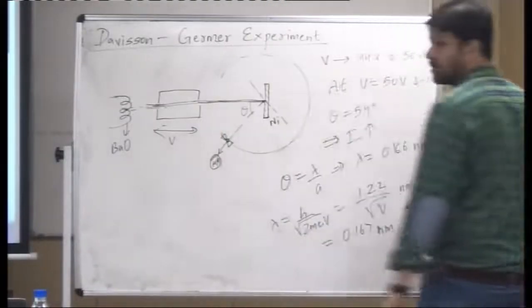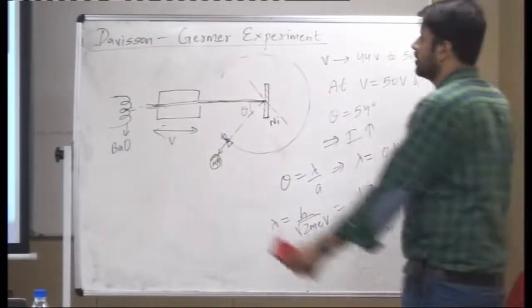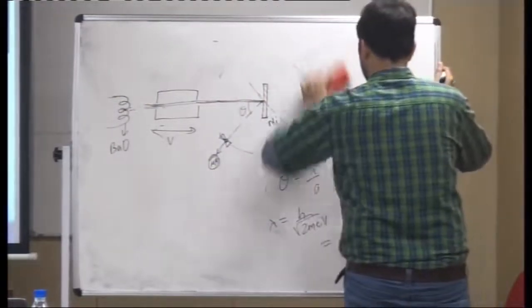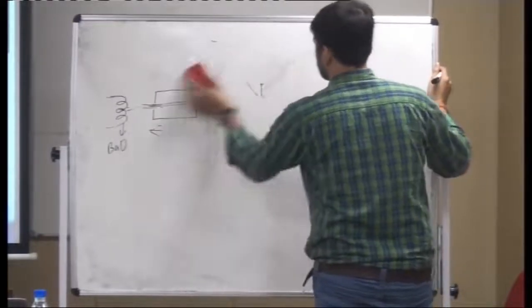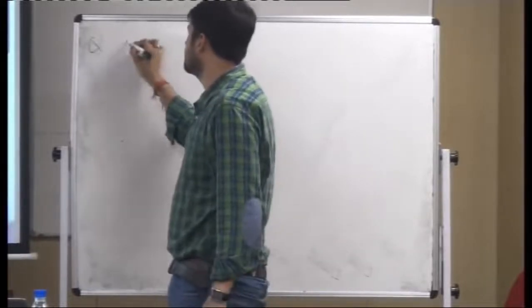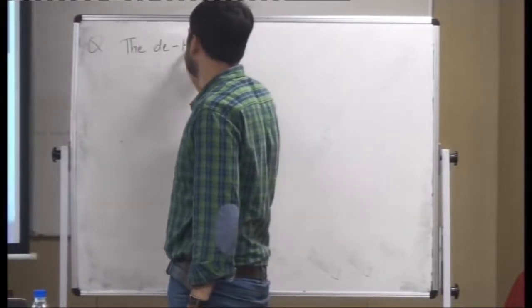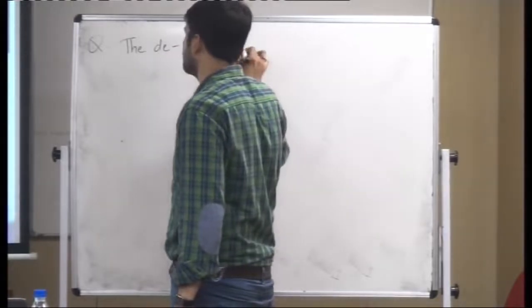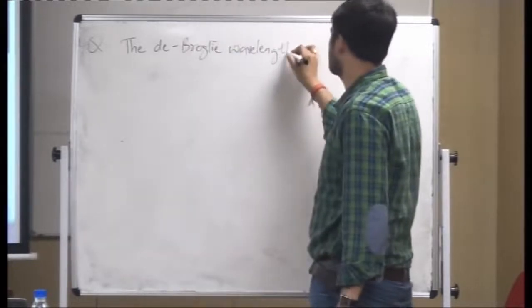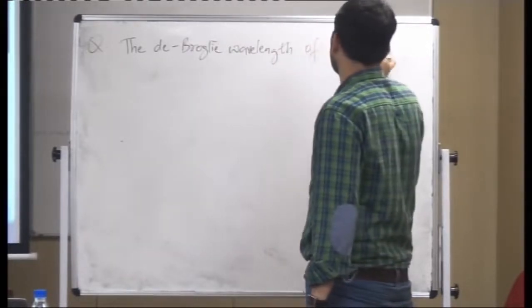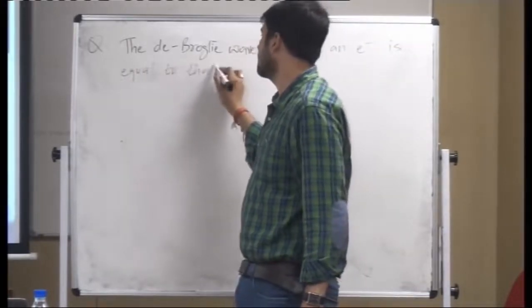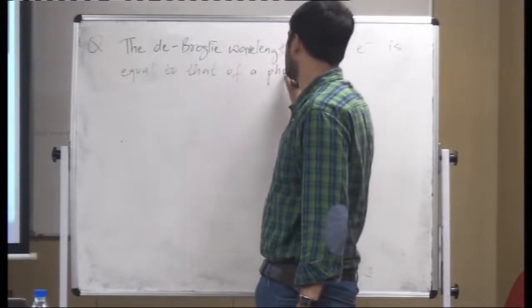Okay. Shall we do a question? The question says the de Broglie wavelength of an electron is equal to that of a photon.